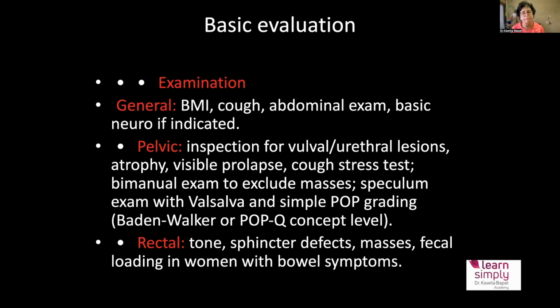Pelvic examination: inspection of vulva, any urethral lesions, atrophy, visible prolapse, cuff, stress test, bimanual examination to exclude masses, speculum examination with Valsalva, simple POP grading, then POPQ concept level, rectal tone, sphincter defects, masses, fecal loading in women with bowel symptoms.